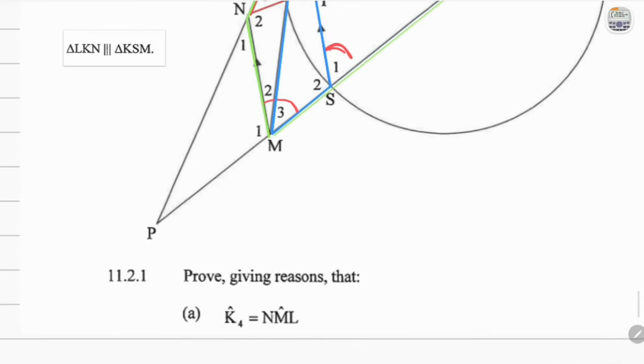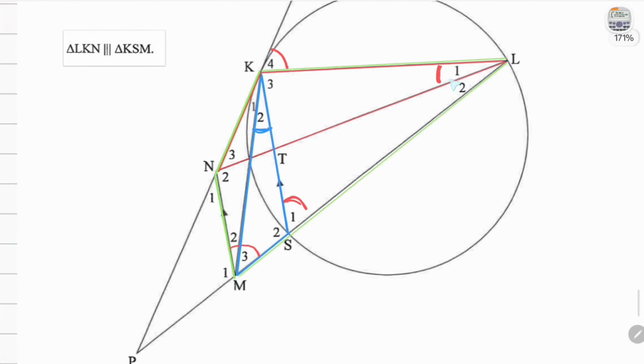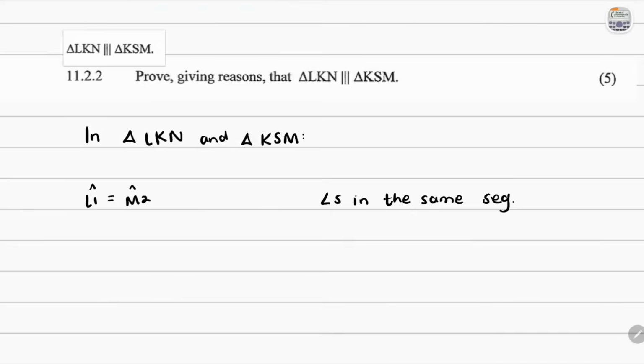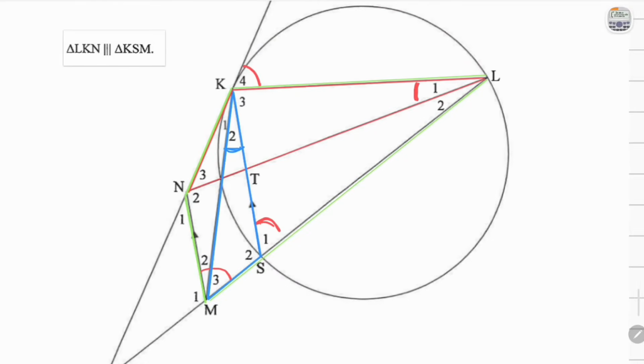First we're saying that angle L1 is equal to angle M2 because of angles in the same segment in that cyclic quad. Then angle M2 is equal to angle K2, and that is because of alternate angles.